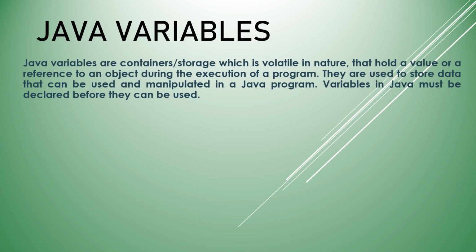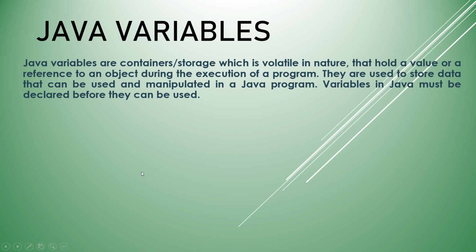Once the program finishes or the scope where the variable is declared ends, the variable will also be removed from the memory. That's why it is called volatile, because variables are not permanent. They are available only during the program.